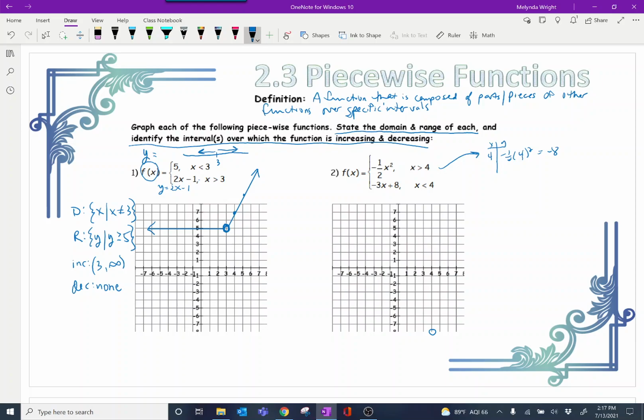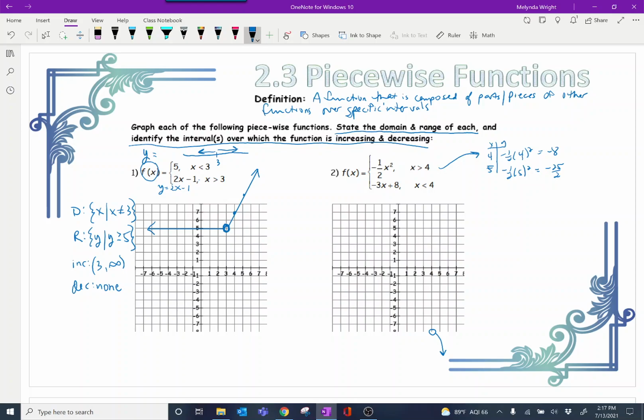You may remember that from Algebra 1, but just in case you don't, let's find out what happens when x is 5. That would be negative 1/2 times 5 squared, so negative 25 halves. It's just going to go down like this. Since it's off the graph, I'm not going to put a point, but 25 halves is like 12.5, so it'd be down here somewhere.